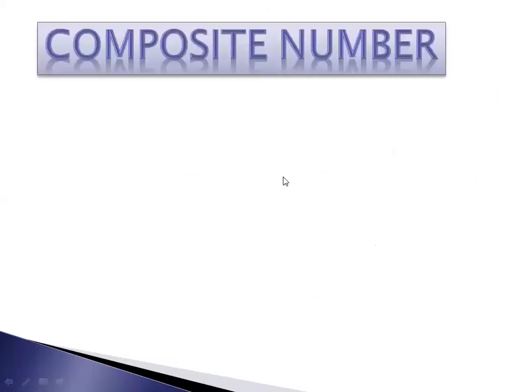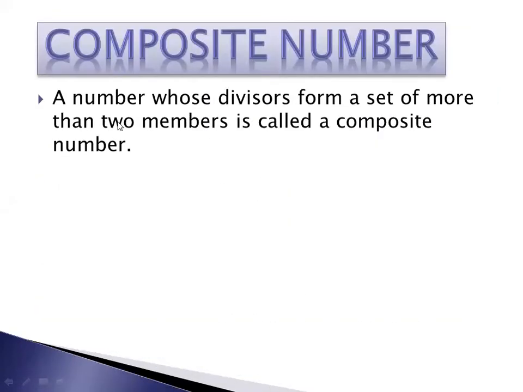Composite numbers. A composite number is a number whose divisors form a set of more than two members. If any number has more than two divisors, then it is a composite number.